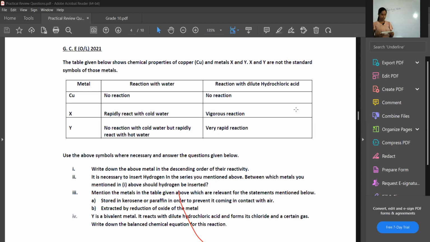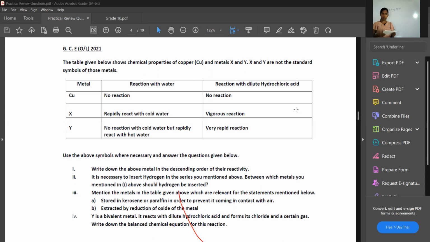So we know that if a metal reacts very rapidly with cold water, it should be sodium. We know when we put a very small piece of sodium into water, it makes that sound and it can burn also. It floats over the water surface.